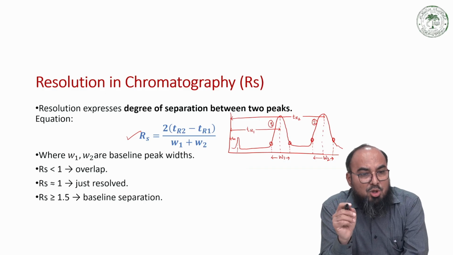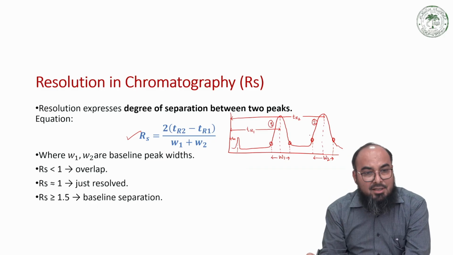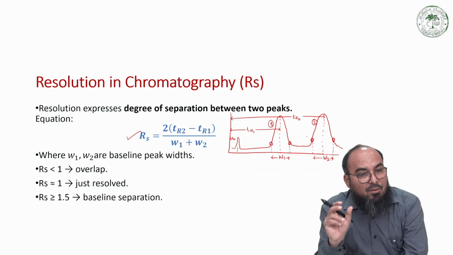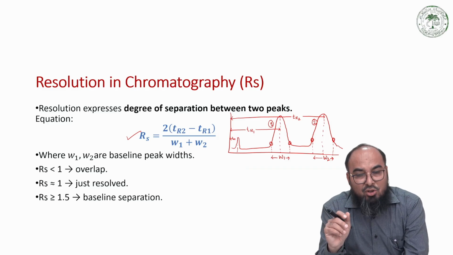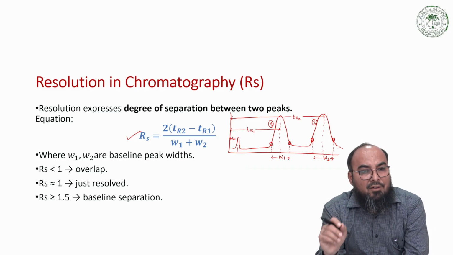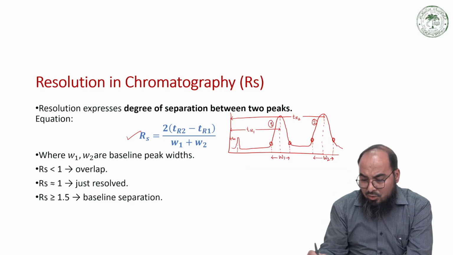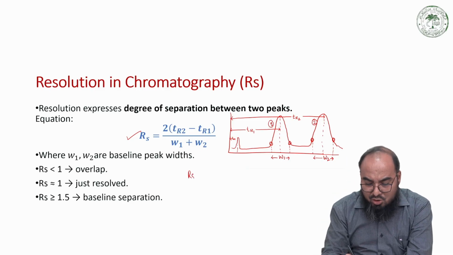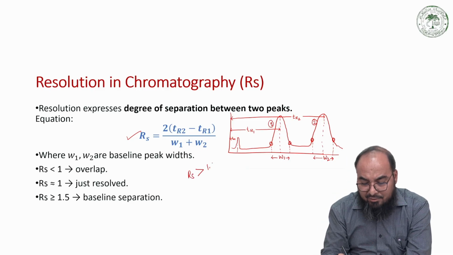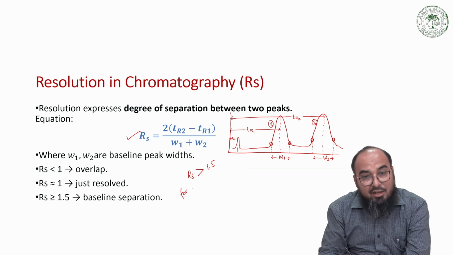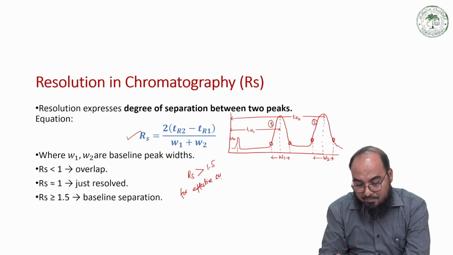For a good resolution, RS must be greater than 1.5. So for an effective chromatographic separation, RS value must always be greater than 1.5.